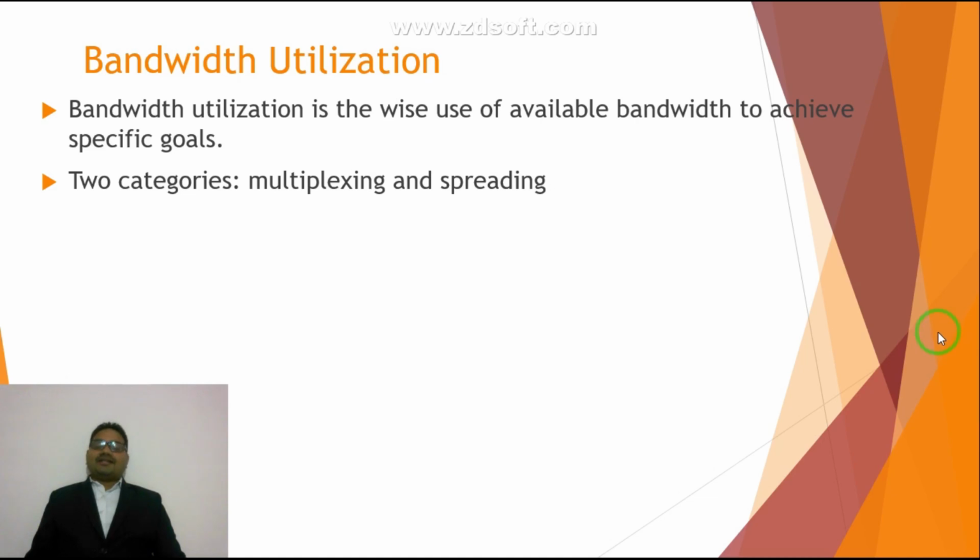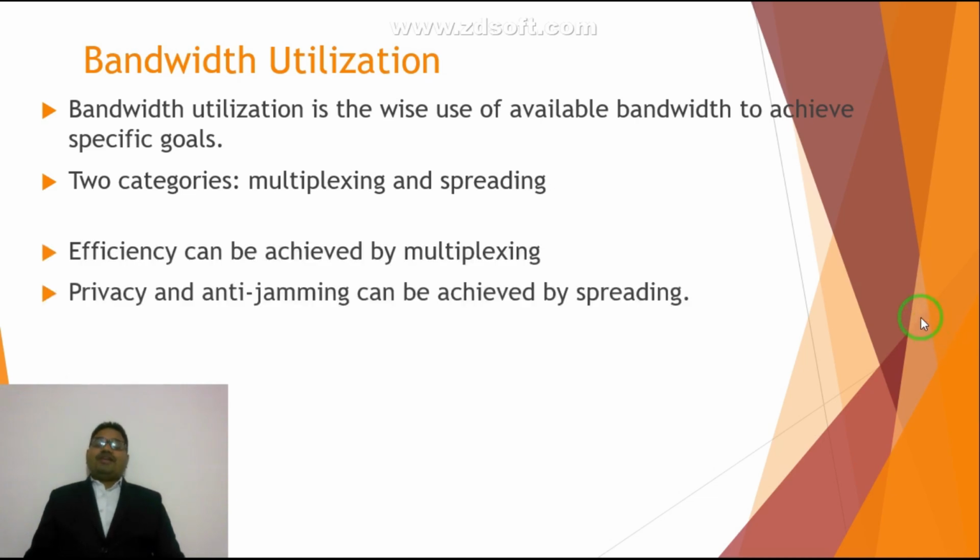If you want to achieve efficiency, you can achieve it by using multiplexing. But if you want privacy and anti-jamming, so that no intruder can jam or hack your signal, then you can go for spreading.